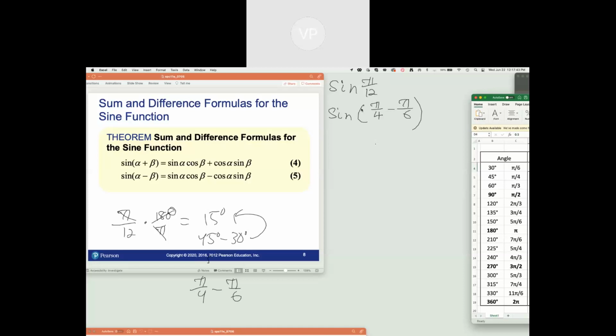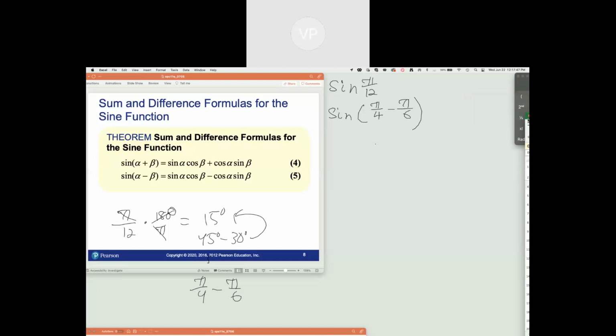Okay, so now I'll do something different in this example just to get you in a good habit and to help you to know these better. I'm going to write this formula out. The alpha minus beta. So remember how it is. It's sine of the first, cosine of the second. Keep that plus or minus identical as opposed to the cosine where we use the opposite one.